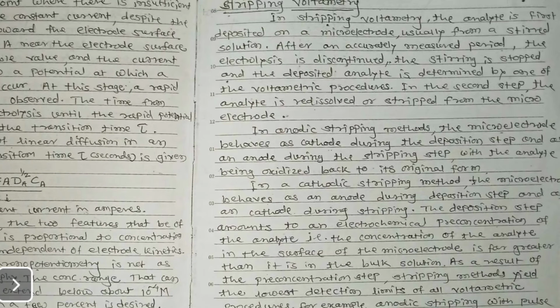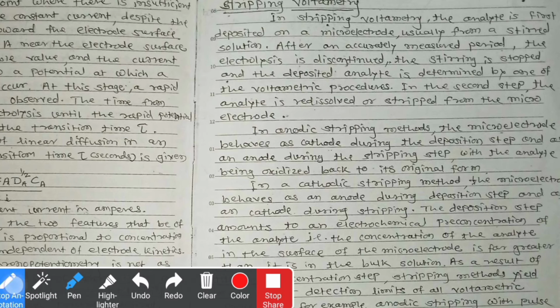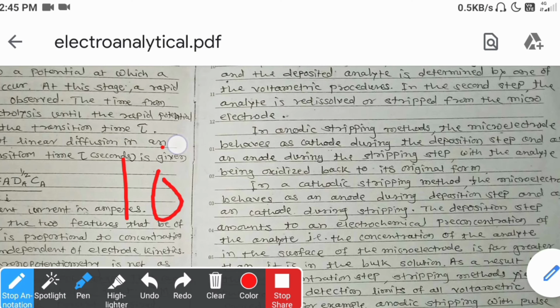The ions which are present at a concentration of about 10 raised to minus 10 molar are first pre-concentrated on the electrode by the application of an electric potential, and once the pre-concentration has occurred, in the second step we analyze the sample by using the stripping method.